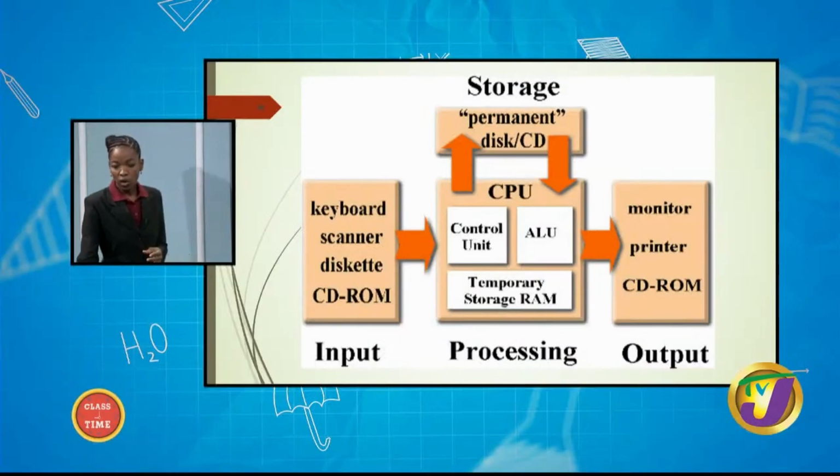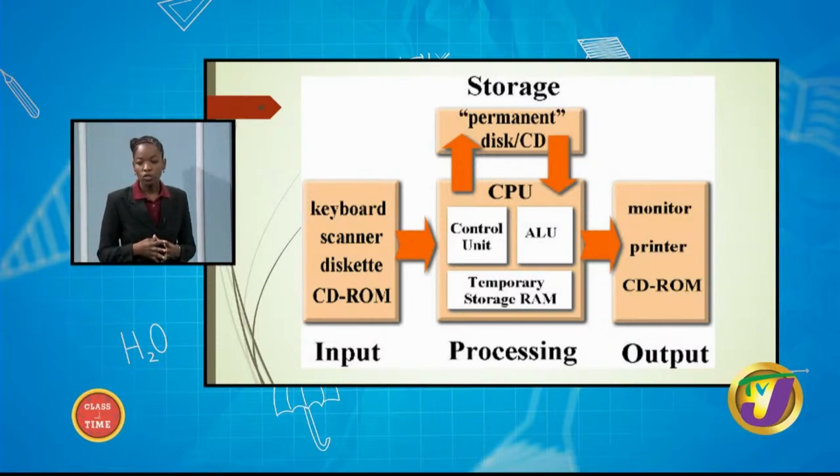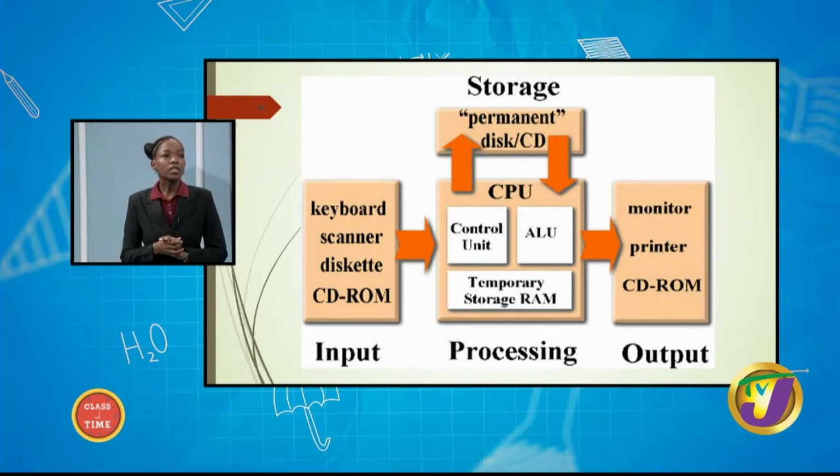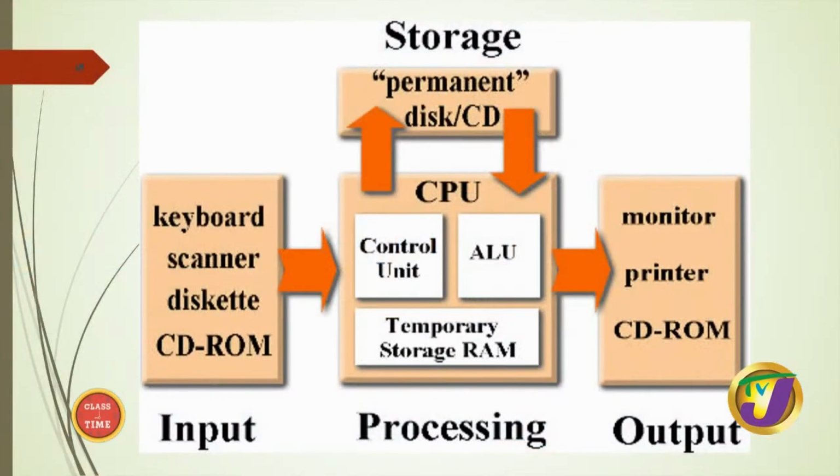So this is what the input, storage, and output looks like with the processing. Good? So we input the information into the system using one of the input devices. Then the information is processed and stored, or you can output the information on the monitor or the printer. Once the information is seen on the monitor, we call it a soft copy output.